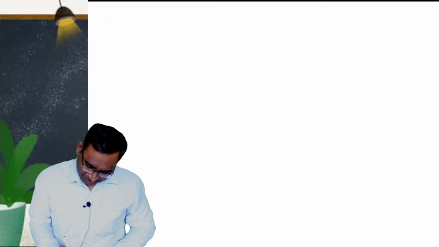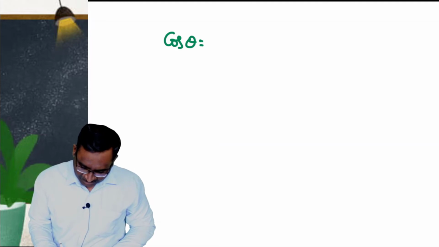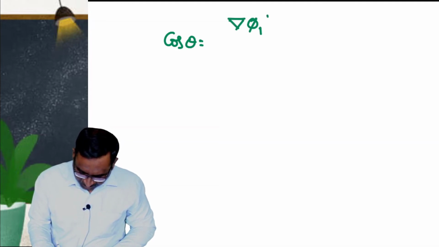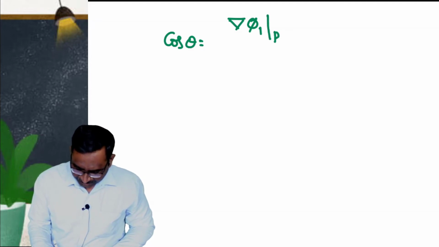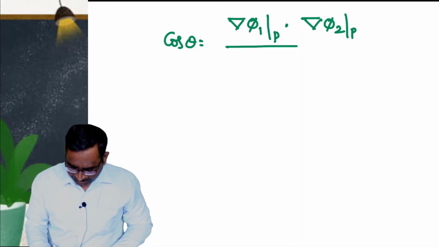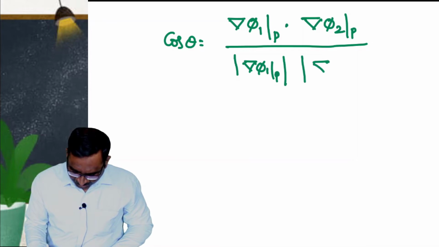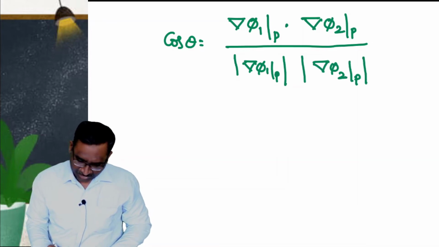anybody formula? So cos theta is equal to del phi 1 at that point dot del phi 2 at that point by modulus of del phi 1 at that point into modulus of del phi 2 at that point.